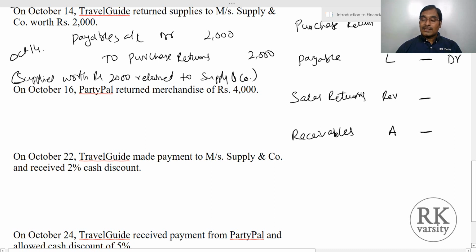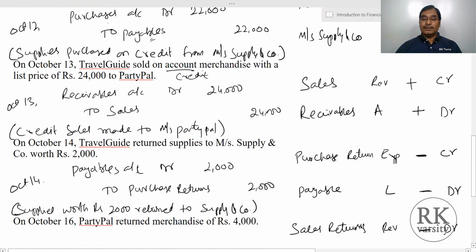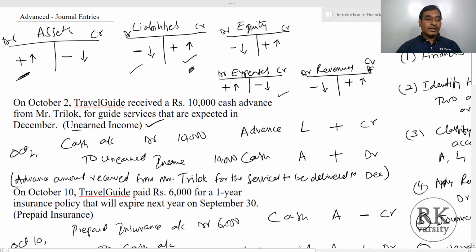Now when receivables, that is your asset, decreases, we will credit. And when revenue decreases, we debit. Now check here. When there is a decrease in your asset, we credit. And when there is a decrease in revenue, we debit.